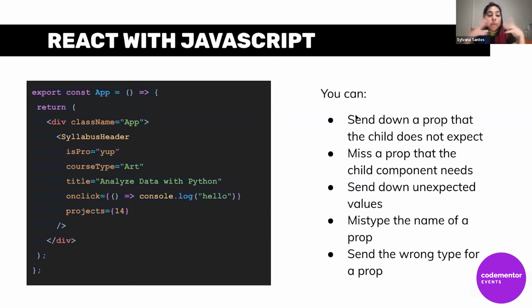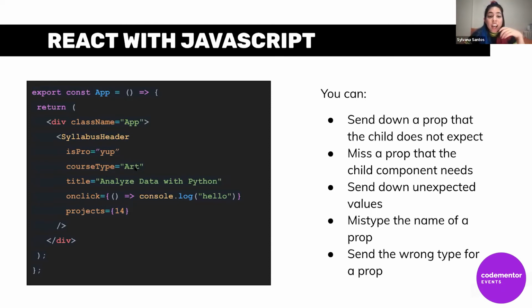But you can run into a lot of problems here. Instead of giving isPro a Boolean, we could just give it a string that says, yep, we're pro. For courseType, you might give it something that just doesn't make sense in your application. A course type is something like a skill path or a career path. Art, in our case at Codecademy, is not a course type that we support.